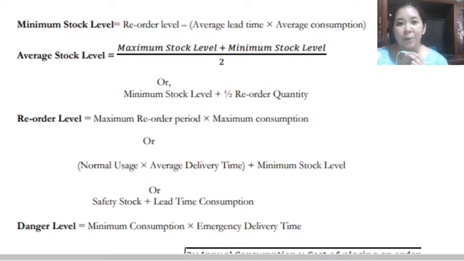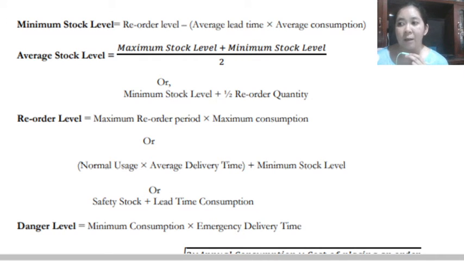So to determine the reorder level, we will use the maximum reorder period, meaning this is the maximum number of days where the inventory level reaches our reorder point. And then we will multiply it with the maximum consumption of the entity. So again, the reorder level is determined to avoid stock out.